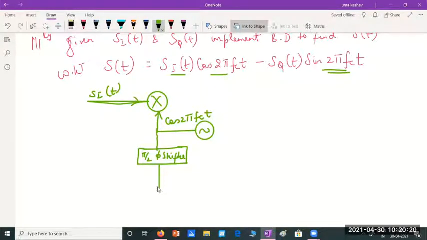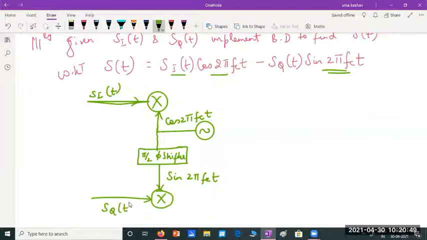So what would I get here? Here you will be getting sine 2 pi fct, which will again be multiplied with what?